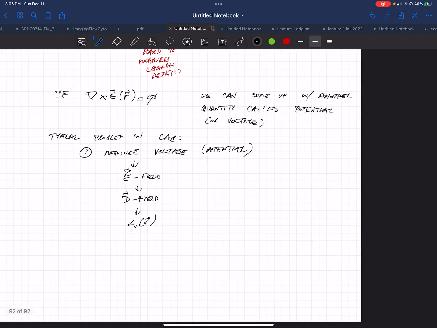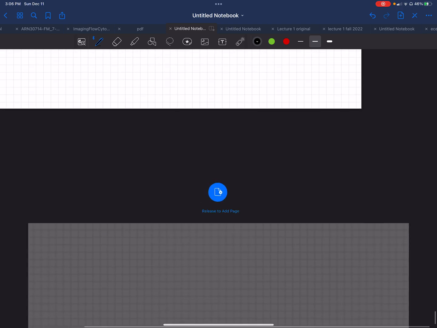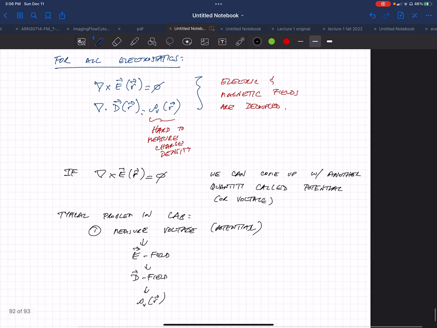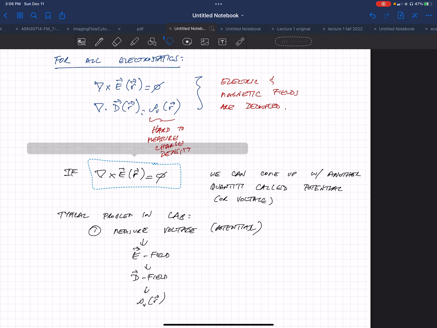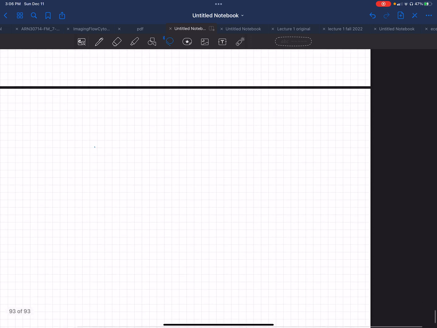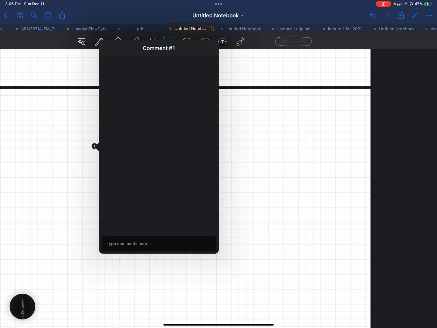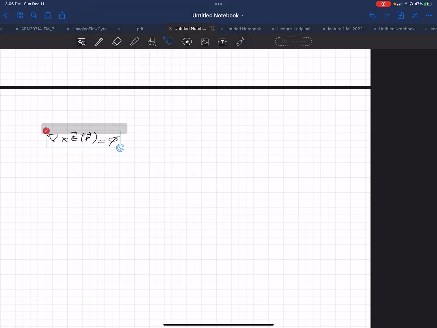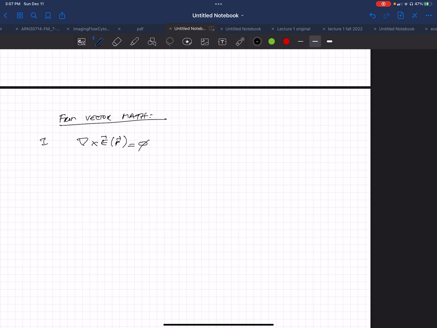So, okay, great. So we have this potential, but how do we come up with the potential? So it turns out, and I'm not going to show it to you guys, from vector math, if we have this situation, then we can define something.